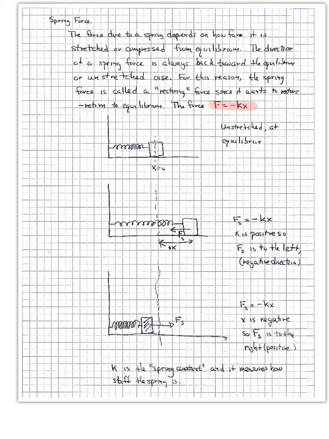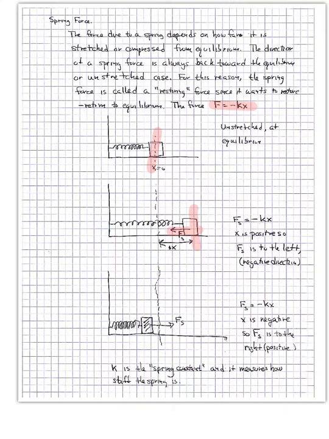So if we start at, let's say, an equilibrium point here, unstretched spring at x equals 0, when we stretch the spring to that point, the force due to the stretched spring is back toward equilibrium to the left. So the spring force is minus kx, the x is positive, so the force is to the left or negative.